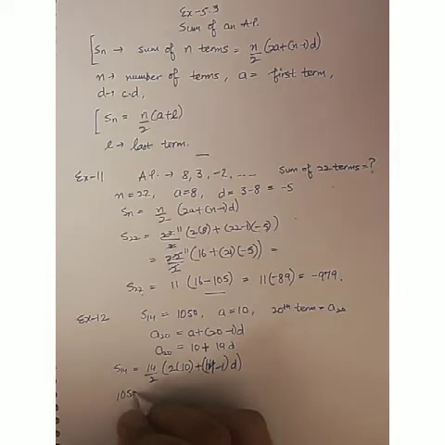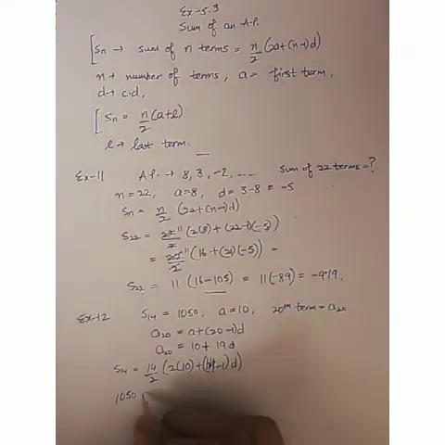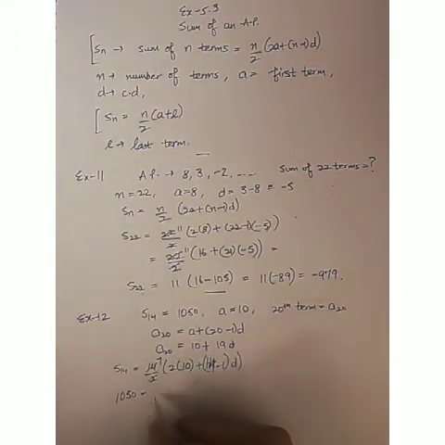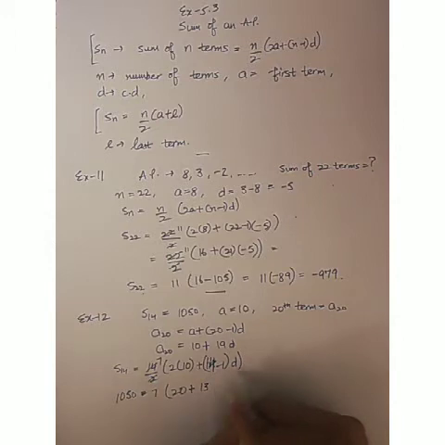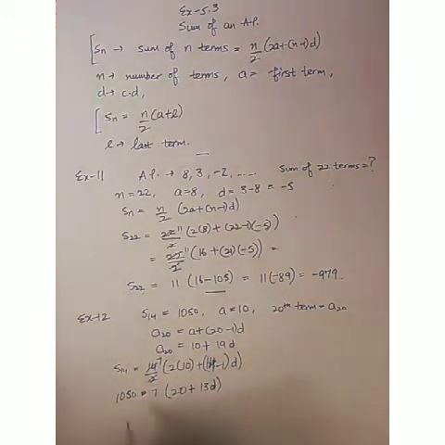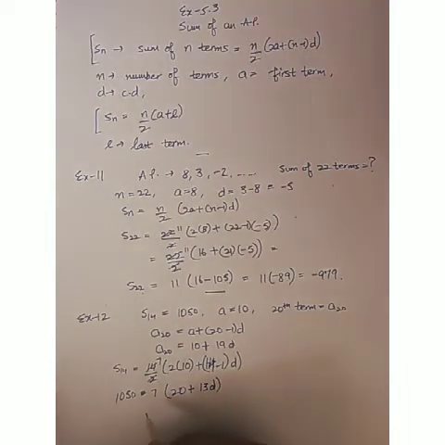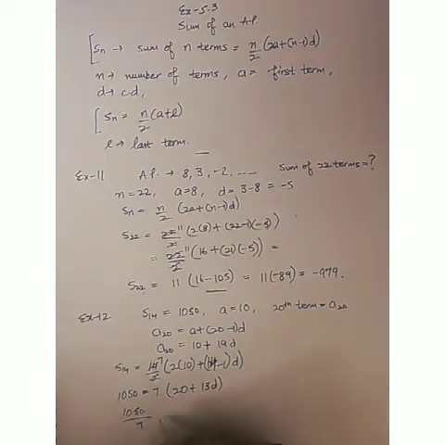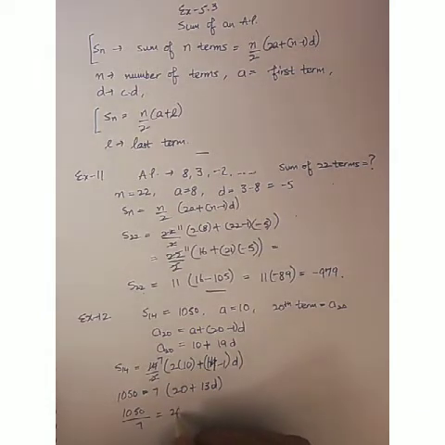That S14 is 1050, and just cancel these terms. 2 sevens are 14, 2 tens are 20, plus 14 minus 1, that is 13, and it will be 13d. Now 7 will be divided by 1050. So 1050 divided by 7 is equal to 20 plus 13d.